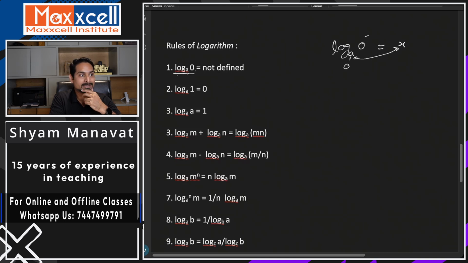That's only possible when a is also 0. A raised to x is equal to 0 is possible only when the base a is 0, right? And for log, base is never equal to 0. Keep this in mind.